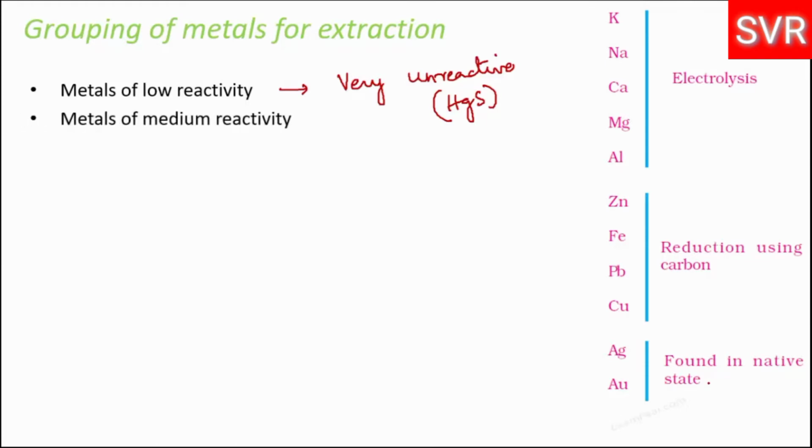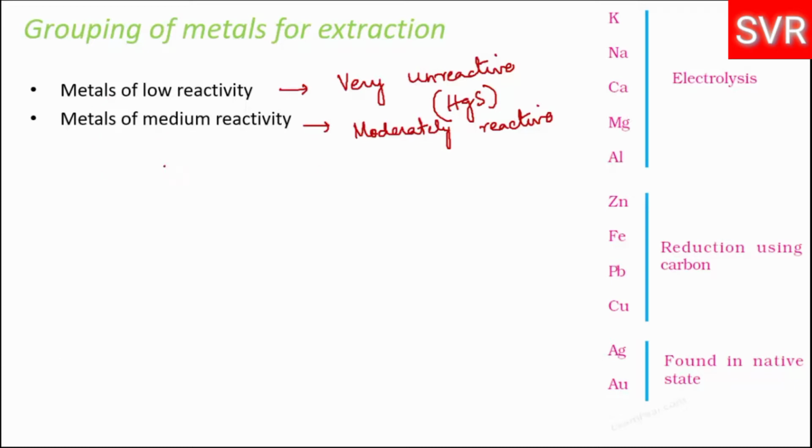The second category is metals of medium reactivity. So they form the medium activity series. Here they are moderately reactive, neither very less reactive nor extremely reactive. They are generally present as sulfides or carbonates in nature, but it is always easier to get the metal from metal oxides rather than sulfides or carbonates.